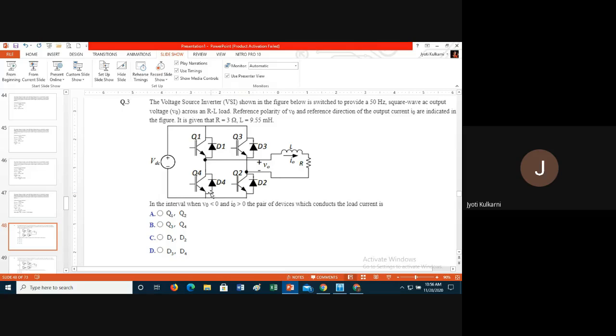Obviously D4. And then from D4 I reach this upper dot. So D4 has connected this upper dot to the negative plate of the input battery, and D3 has connected this second dot to the positive plate of the battery. So it makes my V0 negative. That is, polarities are now reversed. The lower dot has now become positive and the upper dot has now become negative.